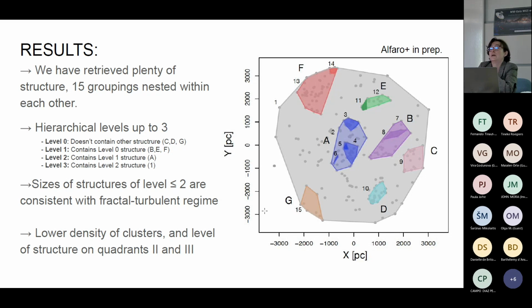Level 1 would contain some level 0 inside, like B, E, or F. Level 2 contains level 1. In this case, we only have one, coincidentally where we are right now. It would be the local structure here. And finally, we have a level 3 grouping of almost all the clusters in the sample, except for this lonely one here.